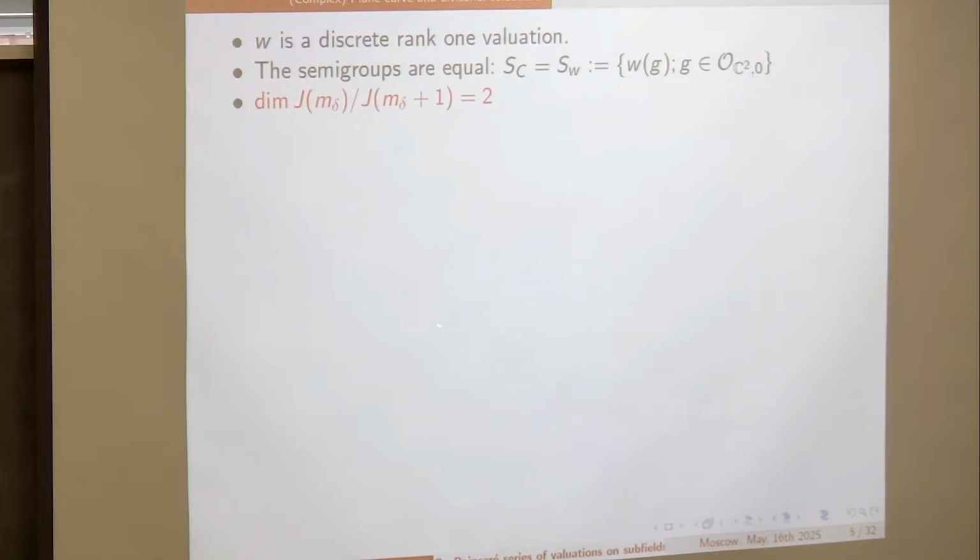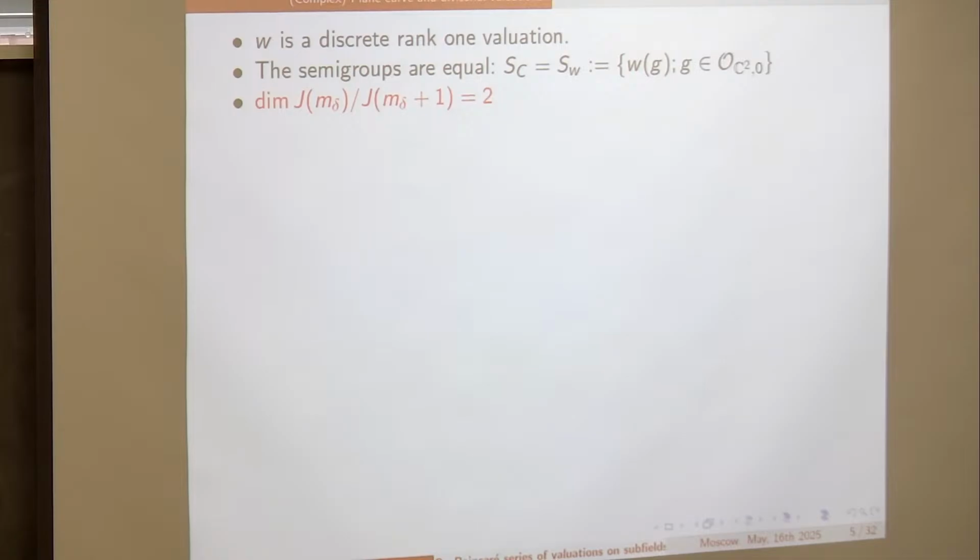So we take this, and this is only to reflect what the difference is, because you see this is a discrete valuation also. That means the semigroup is exactly the same as the semigroup of the branch given by some curvette. There is no difference in the semigroups, but this is a good example from my point of view, because here you don't always have dimension 1.